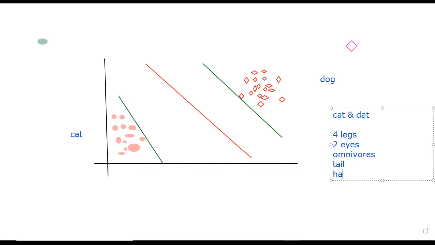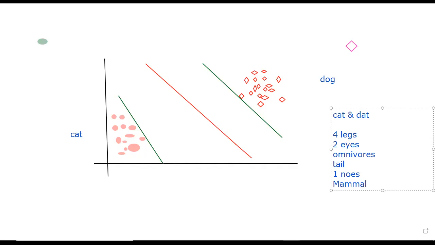But every animal has it, so we cannot take it. The main things are two eyes, four legs, one nose. Mammal, yes, good. They are classified as mammals as well.